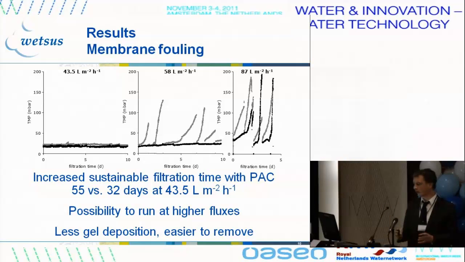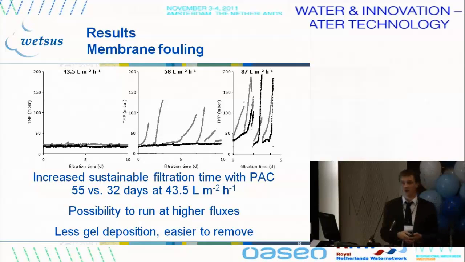But in the one with activated carbon, we had a gel deposition on the membrane surface, and this gel was easier to remove. And it was also less, because we started to measure it in terms of polysaccharides and COD, and we had a 3 times lower amount of gel deposited. Also, to remove it, we used a little sprayer, and the distance between the sprayer and the membrane had to be twice as low in order to remove the same amount. So we found that it was easier to remove.